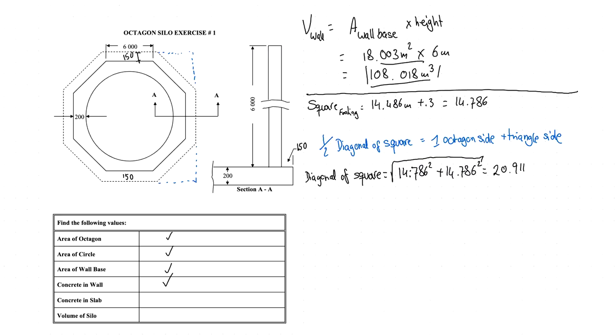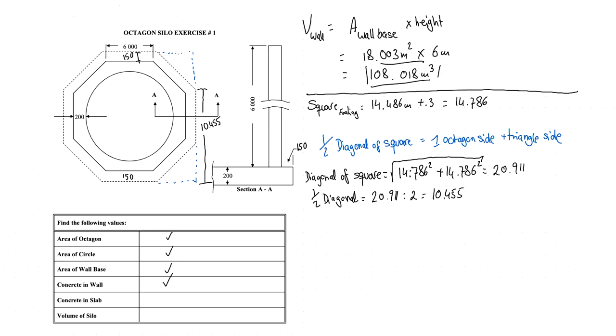Well, half the diagonal, we just divide by 2, right? So 20.911 divided by 2 is 10.455. So we know that from the corner to that first edge up here, this is 10.455. So right here, 10.455 from here to here.